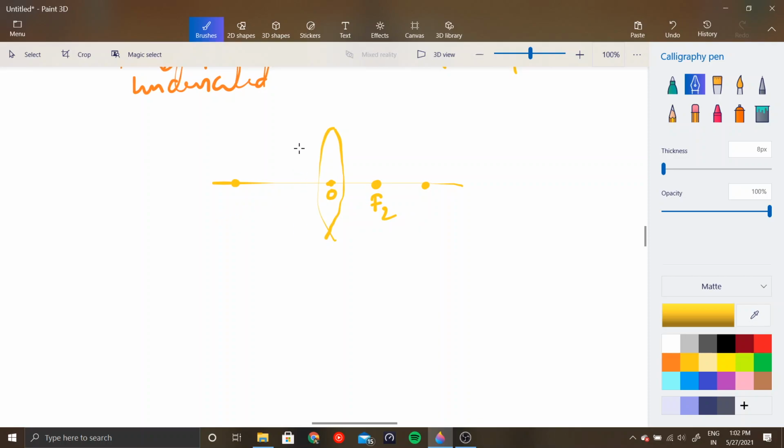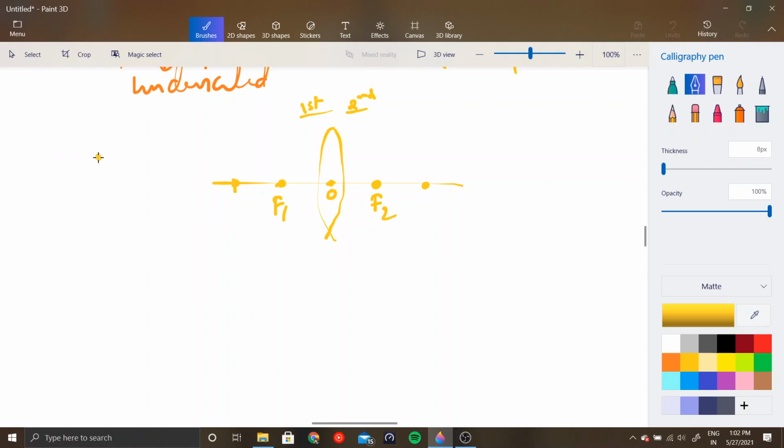Why is it F2? Because this is the second side. This is the first side, this is the second side. Always remember the side from where the object enters is the first side. So it has two foci. Similarly, for this circle, it will have a focus as well. We call this F1.